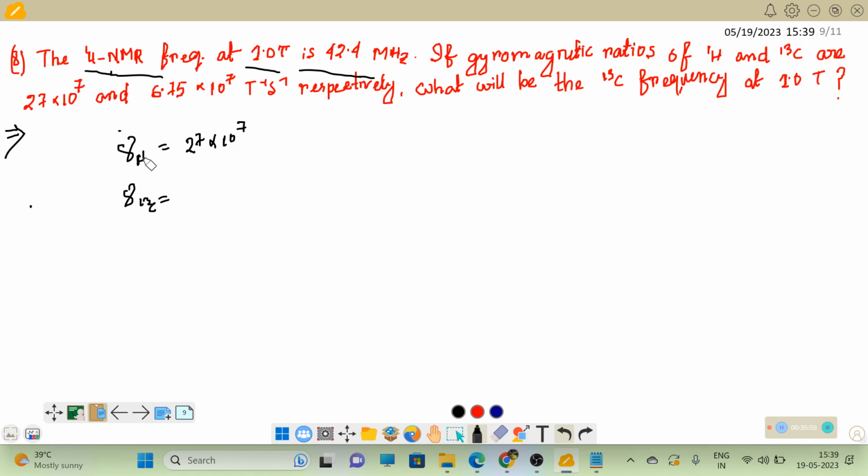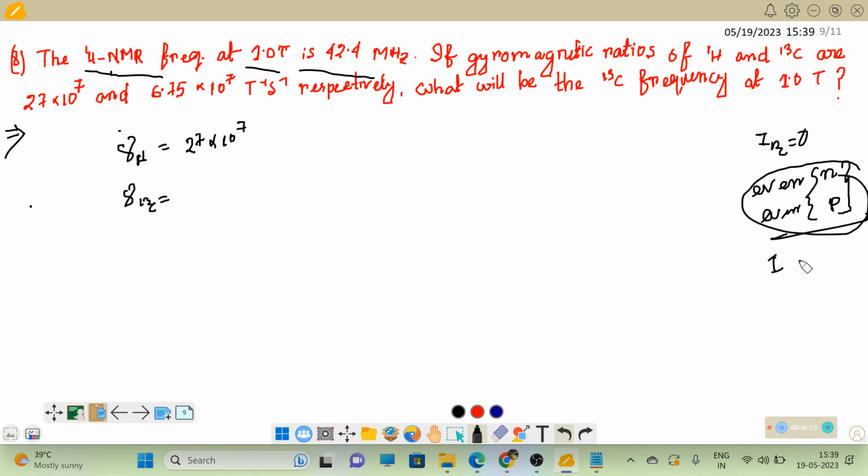You can see 13C is written, not 12C, because 12C is not nuclear active, because its nuclear spin is 0. I of 12C is equal to 0, because when even neutrons and even protons are present, they cancel each other's spin, and the ultimate nuclear spin is I equal to 0.